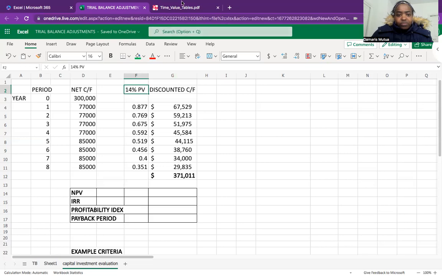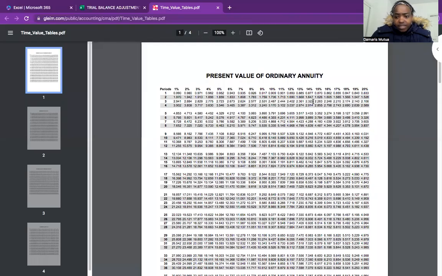So we go to 14%, 8 years, and you use a discount factor of 4.639. That is if it's an annuity, where you're receiving the same amount over the life of the project. But in our case, this is not the case.